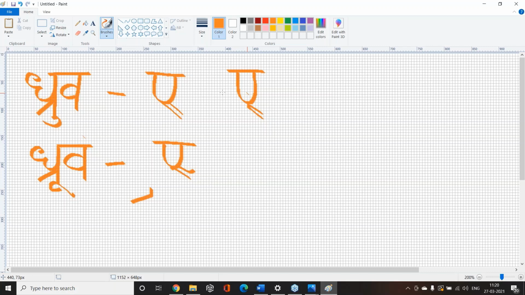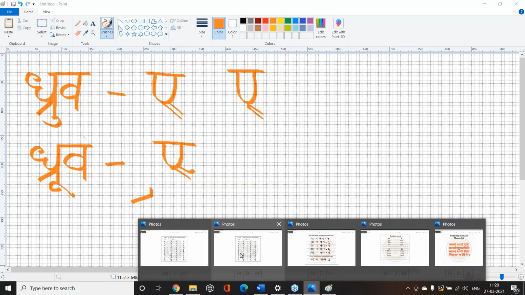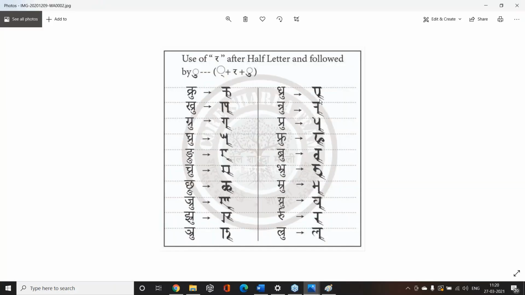You will see in the table itself, there is a stroke in the middle to support the matras if you want. So that is one way of writing it. The letters which already have a vertical stroke won't need it, because there is enough support there to adjust these two matras here.